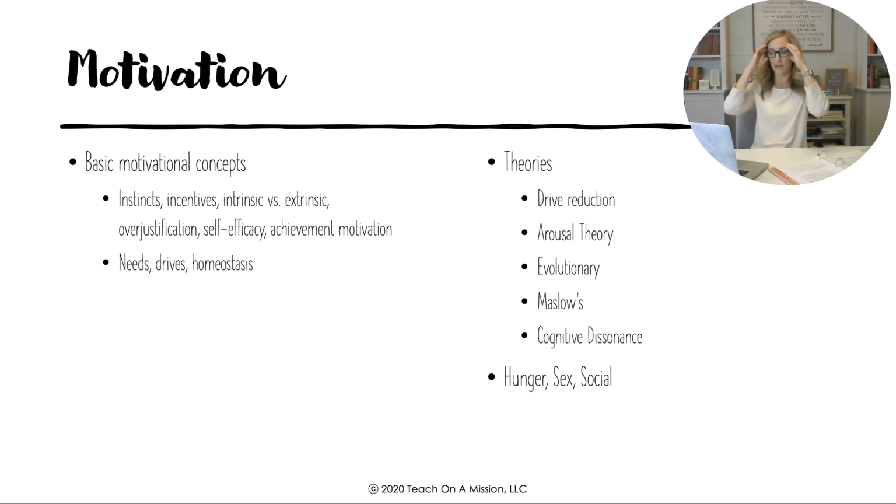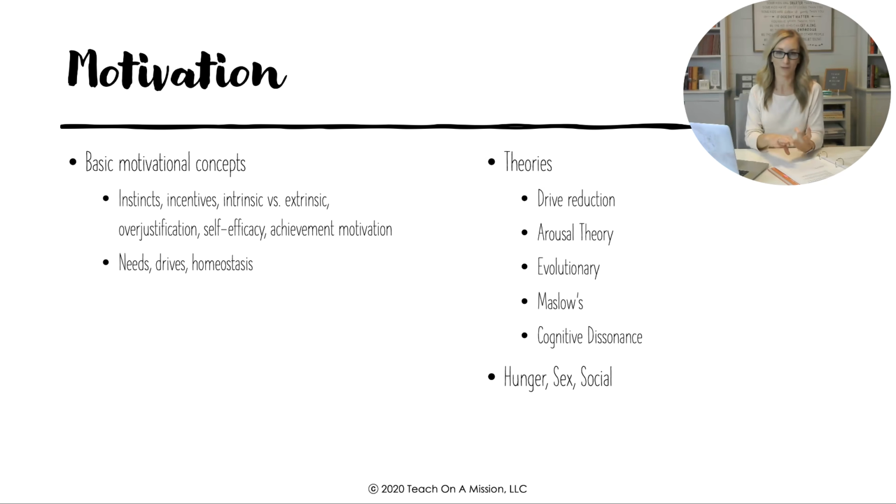Self-efficacy is understanding the areas in your life where you are good and knowing that you will do well, right? It's your measurement of how you will do in certain areas of life. And then achievement motivation. Do you have high or low achievement motivation? And what type of tasks do you choose because of that level of achievement motivation?